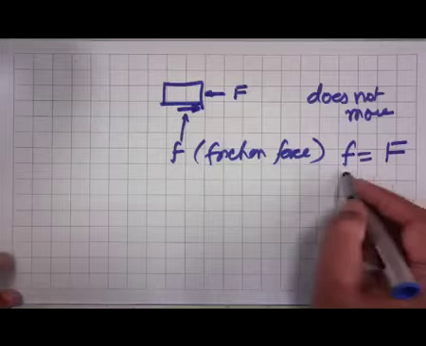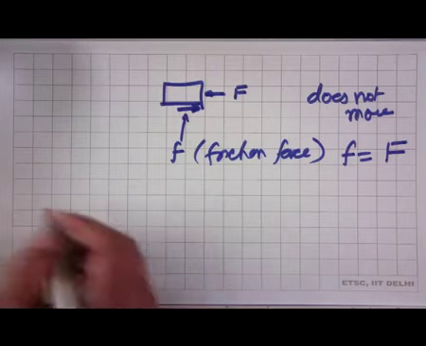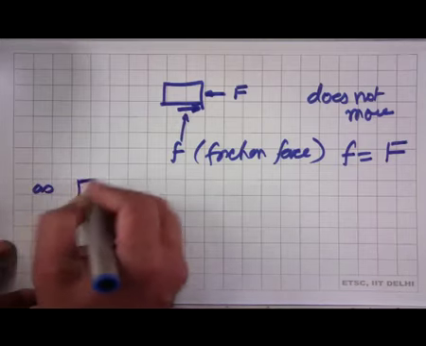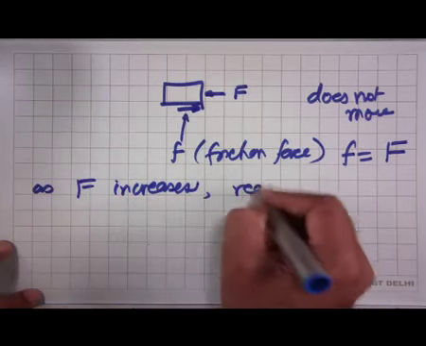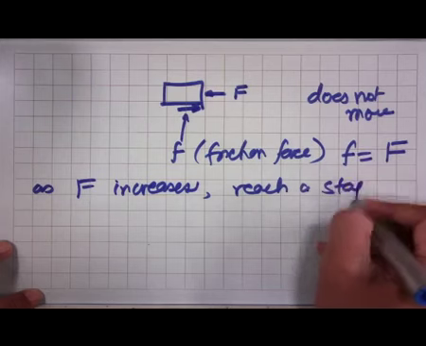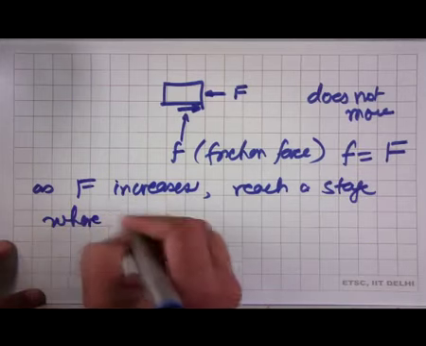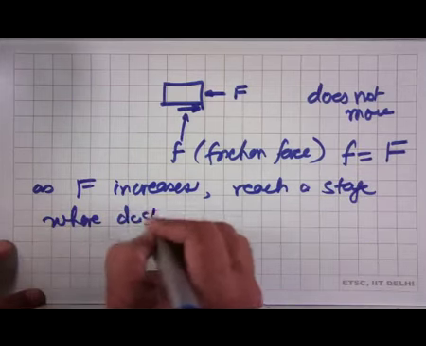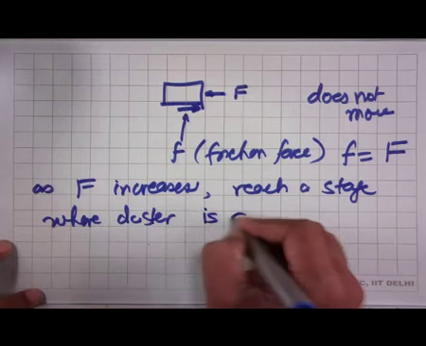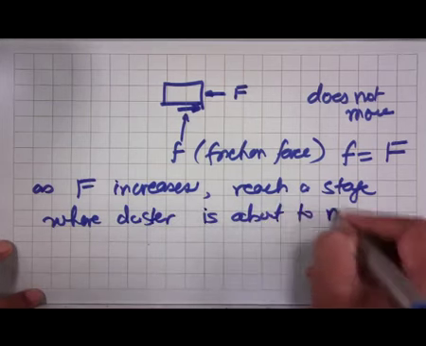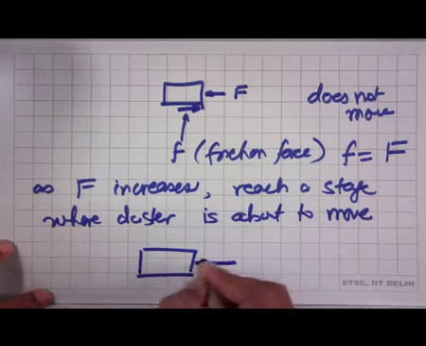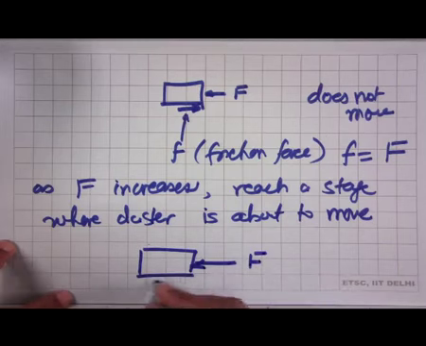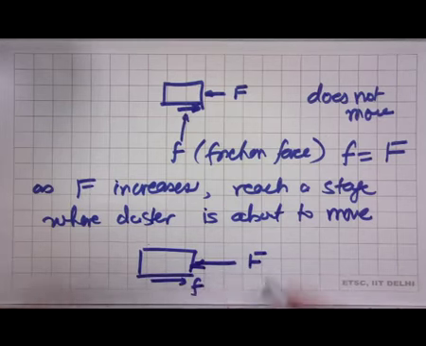But these two forces are equal, and as capital F increases, we reach a stage where the duster is about to move. So, I increase F, I show it by a bigger arrow, and I have a frictional force. These two are still equal, and this is just about to move.